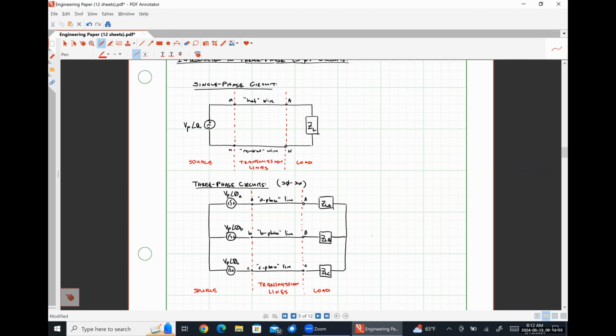Why do you think a three-phase system would be used if the exact same amount of power is getting delivered to the load? It's not going to be supplying more power in general, because I already restricted us to the caveat that the same amount of power is being delivered to each load.